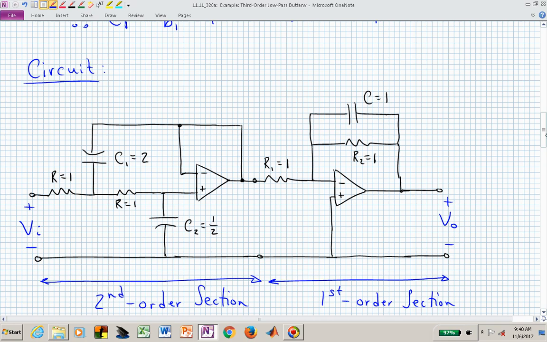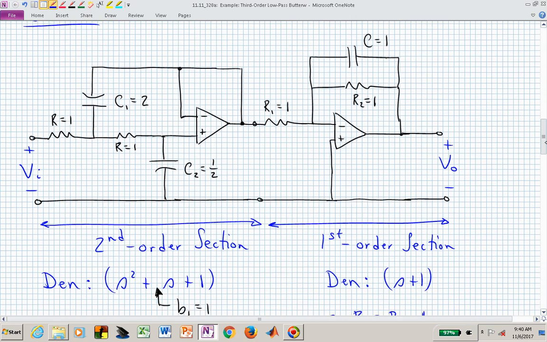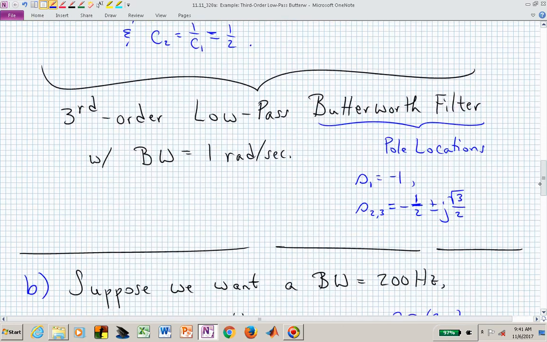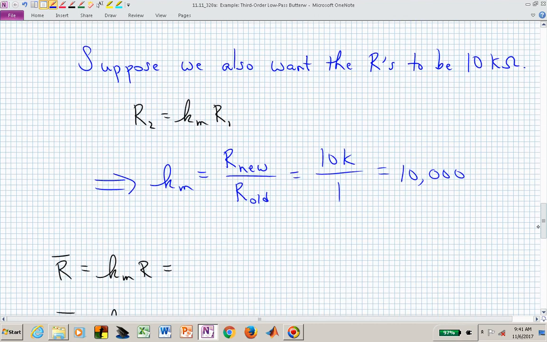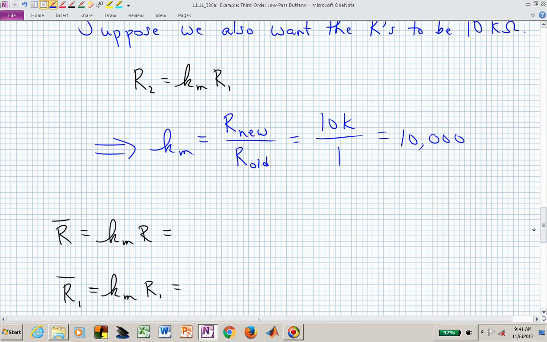Our R's in the second order section are always equal, and they started out as 1. So now we can use this magnitude scaling to say that the new resistors in our second order section will both be 10,000 times 1, or 10K.